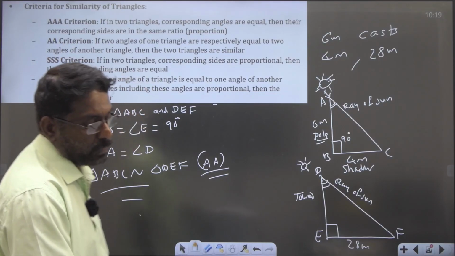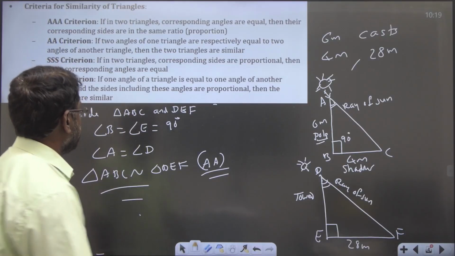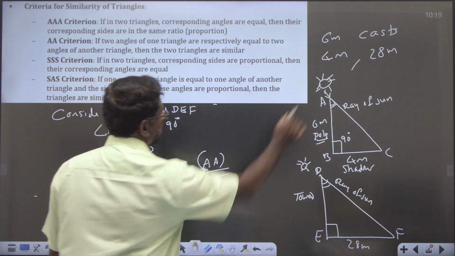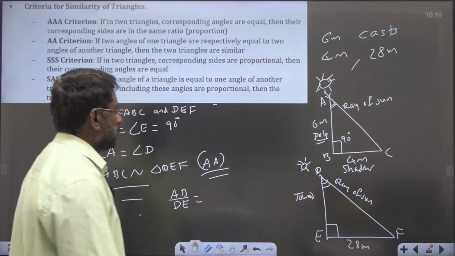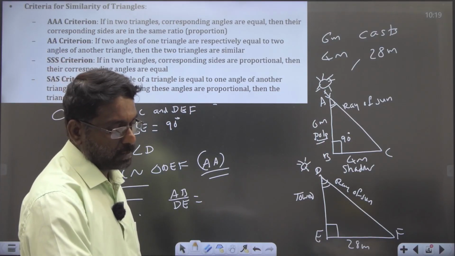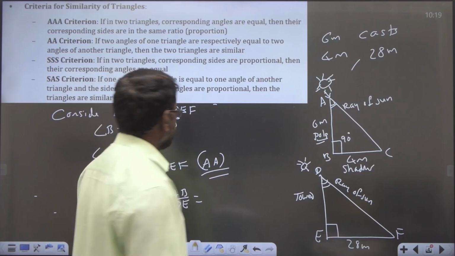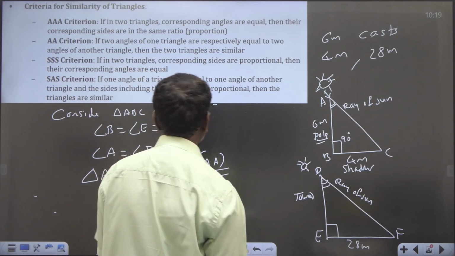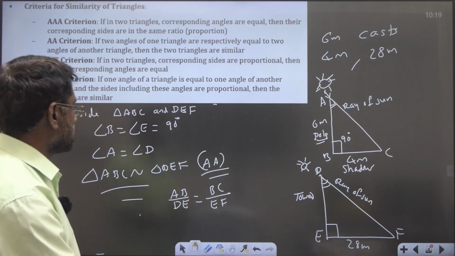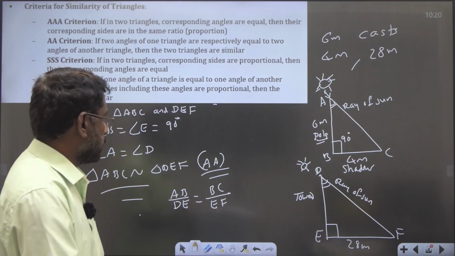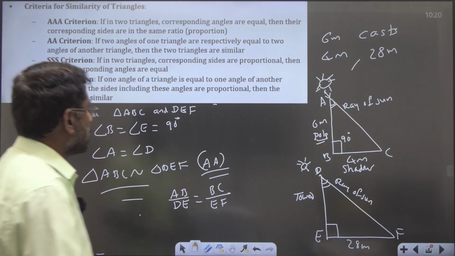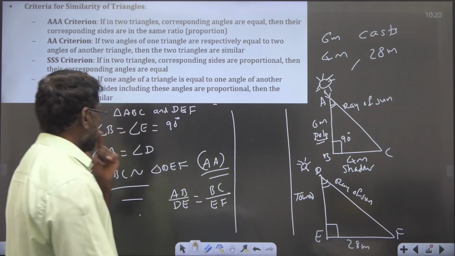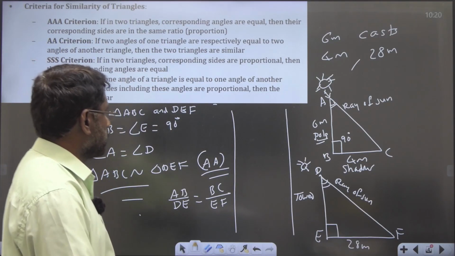Corresponding sides means AB by DE is equal to BC by EF.